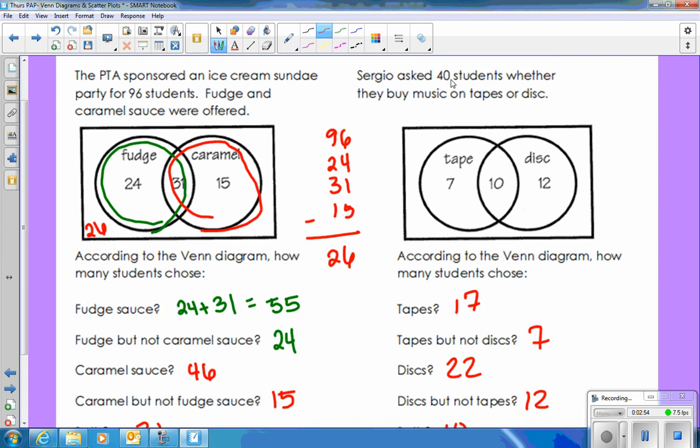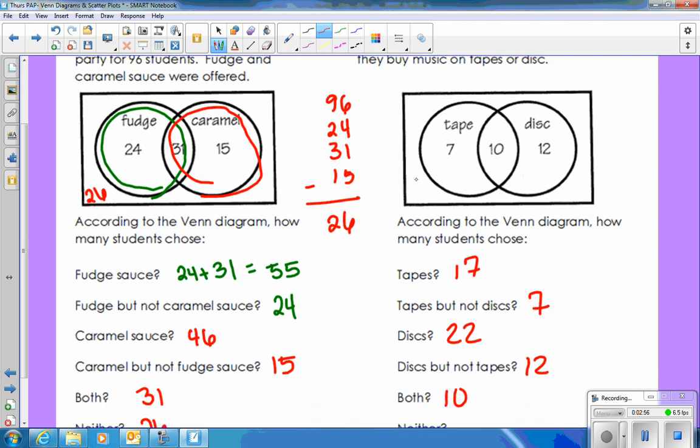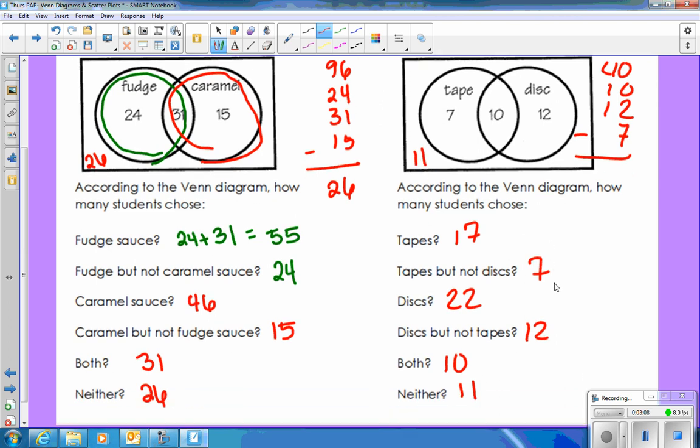Again, we asked 40 students, so we're going to take 40, take away 10, 12, and 7, and we find out that there are 11 left over that chose neither. So again, I wrote it outside.